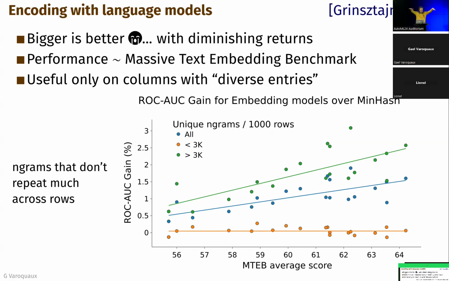You can have very long entries that look very similar, but you can have short entries like names of artists on Spotify. For names of artists on Spotify there's no repetition, because people are trying to have a unique brand name. So one way of looking at this is looking at how many unique character-level n-grams you have in 1,000 rows.